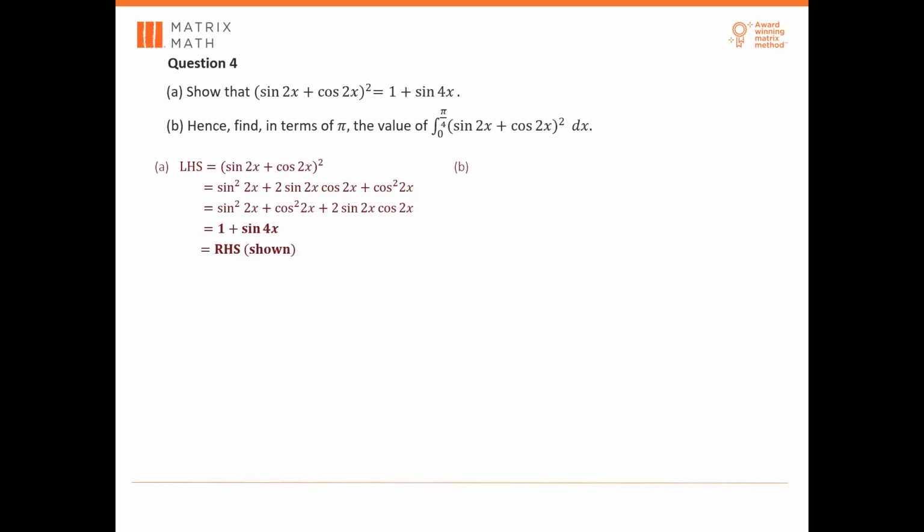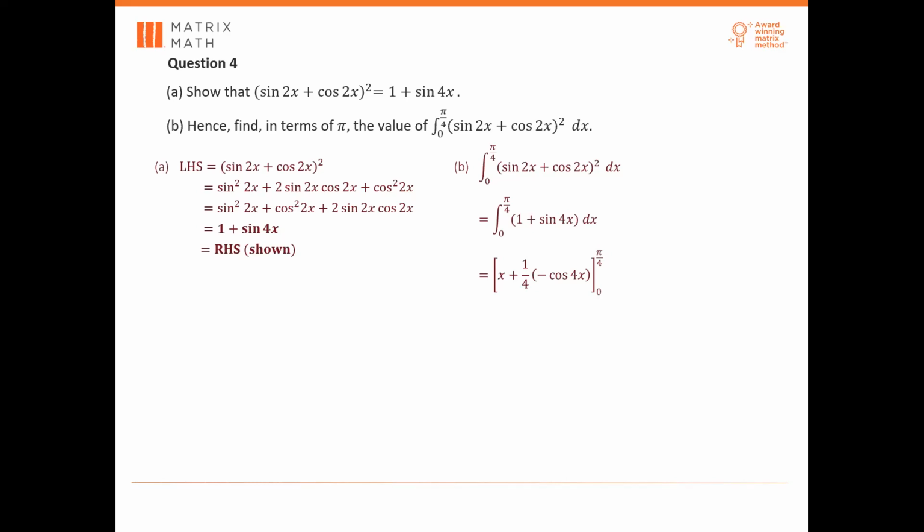So for part B, right, use the expression on the right. So this is what you have, the sine 2x plus cosine 2x bracket square, replace it with 1 plus sine 4x. Then you do the integration of 1 plus sine 4x. So 1 will become x, sine 4x will become minus cosine 4x.